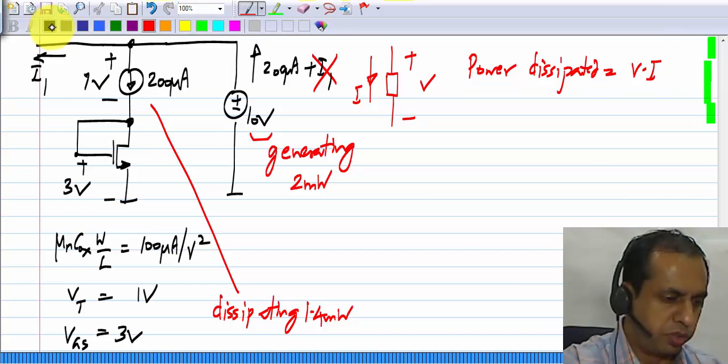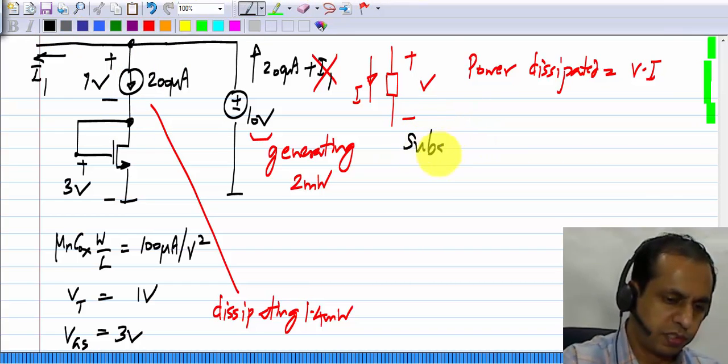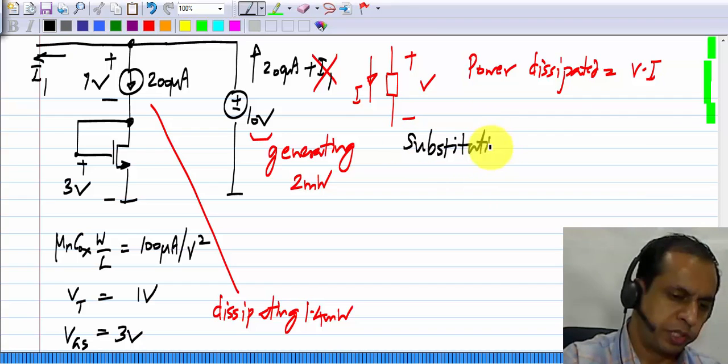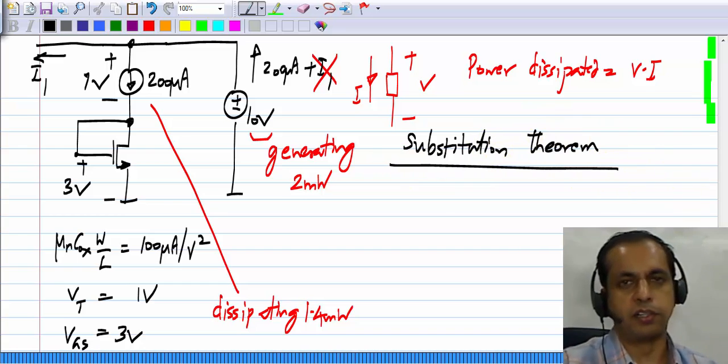I am sure you remember what is known as the substitution theorem from basic electrical circuits.